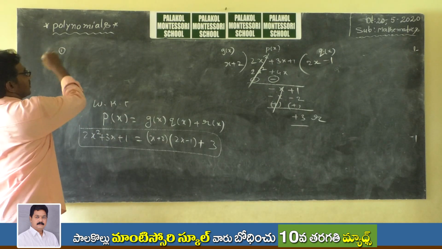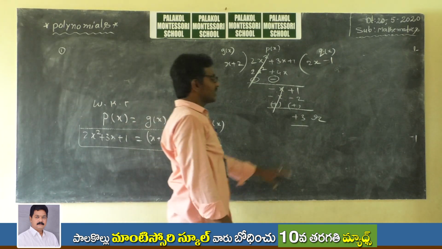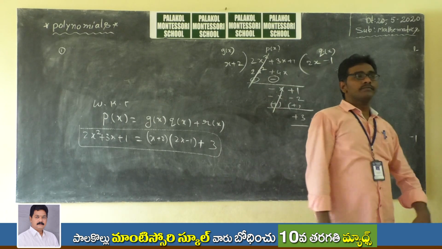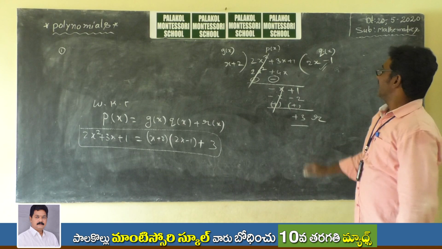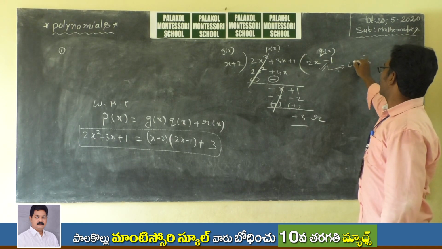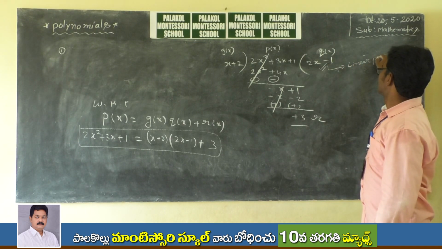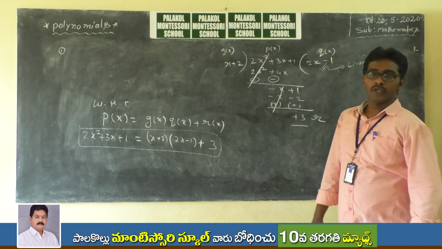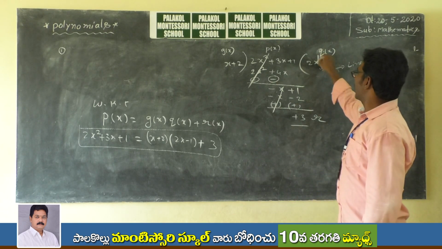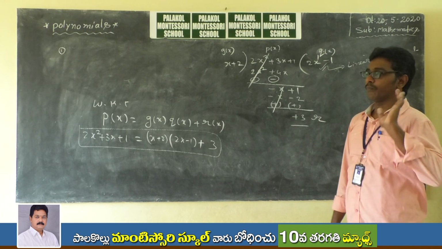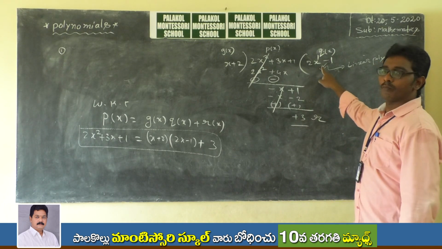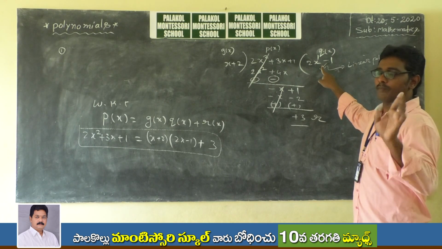Okay, guys, first your observation in this situation: q of x is a linear polynomial. How do you know? The power is 1, only one variable is there. That power is 1, so it is in the form of a linear polynomial.